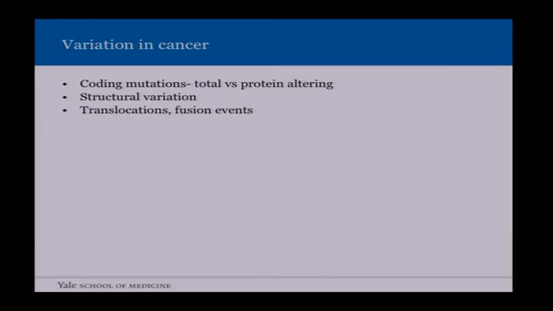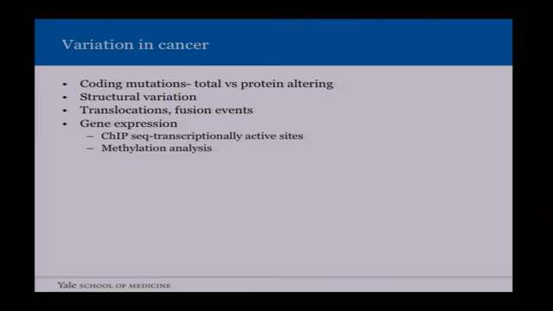We look at translocations, we look at fusion events, and we consider gene expression not only at the microarray level or RNA sequencing level, but also looking at transcriptionally active sites or transcriptionally silent sites, such as with the methylation analysis. We look at the mutational signature. Are there transitions? Are there transversions? What are these dominant mutations that underlie a cancer?